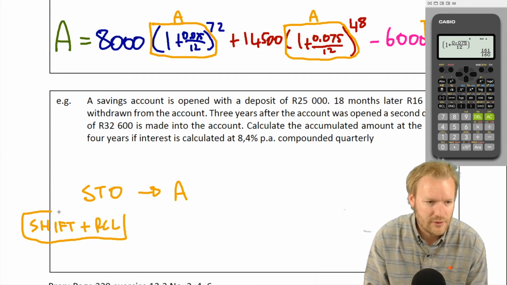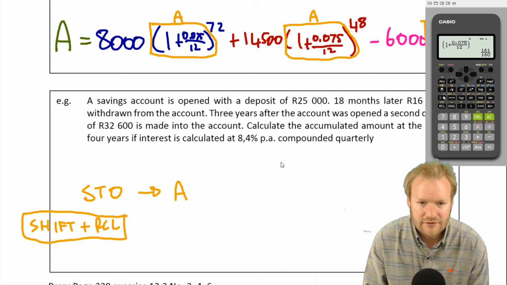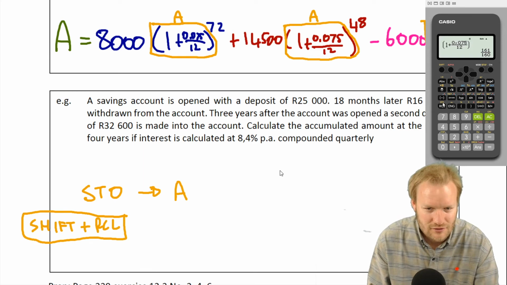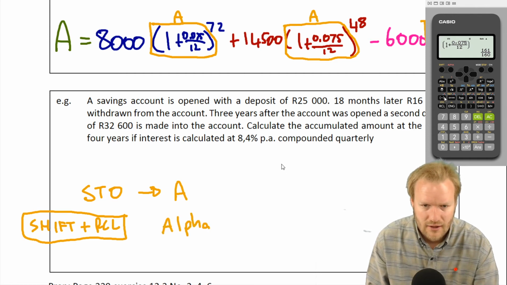That's the calculator part. And then to get it into A, which is above this button, but it's on the alpha. So in other words, this is like a shift store. I'm going to go shift store, telling it that I want to store it somewhere, and I want to put it in A. Now for A, we have to press alpha to get these red ones here.